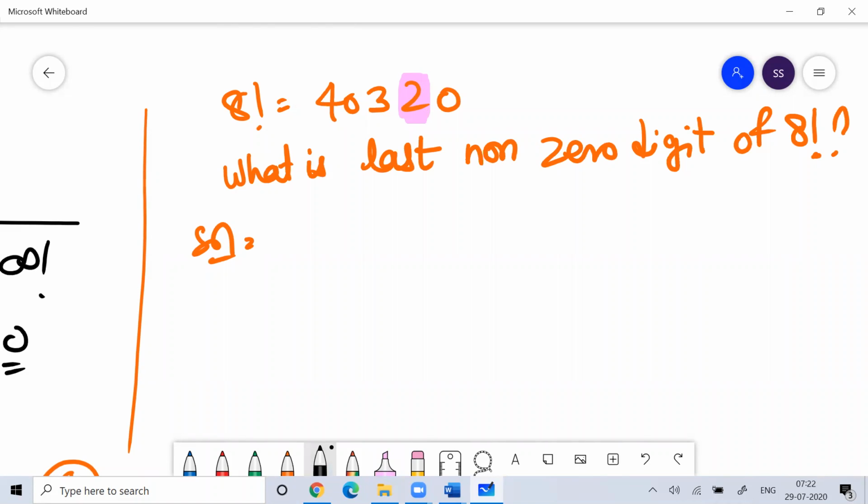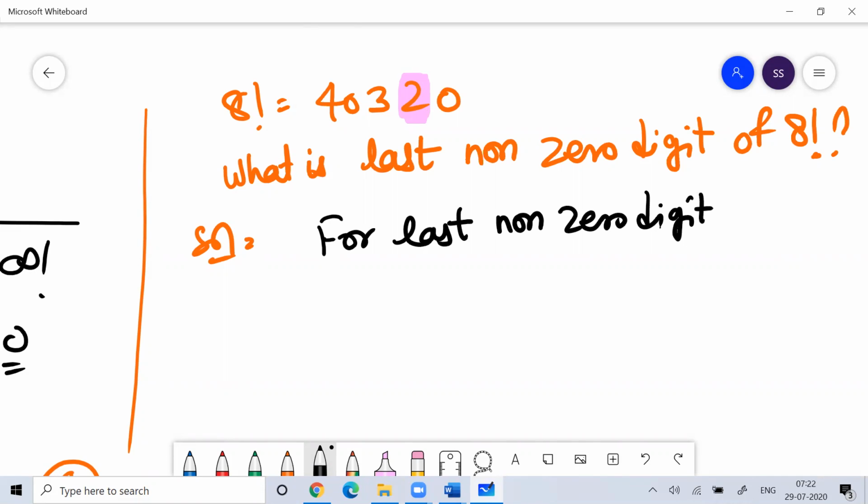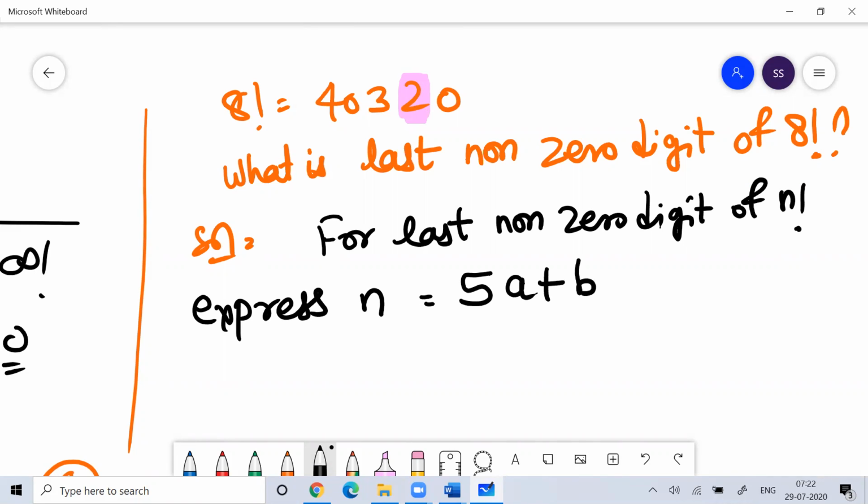If I ask you for the last non-zero digit of any factorial, you can remember a formula. For the last non-zero digit of n factorial, you need to express the number n in the form of 5a plus b, where a is the quotient when the number is divided by 5, and b is the remainder.